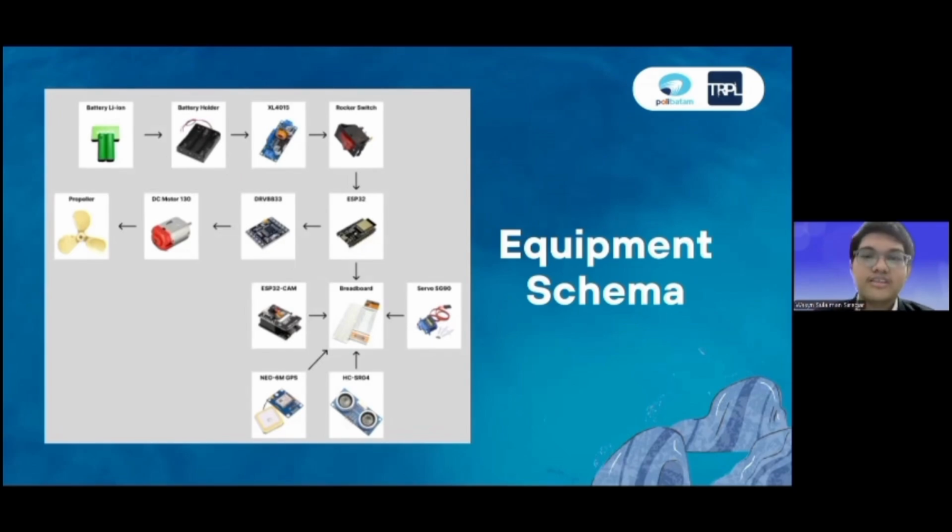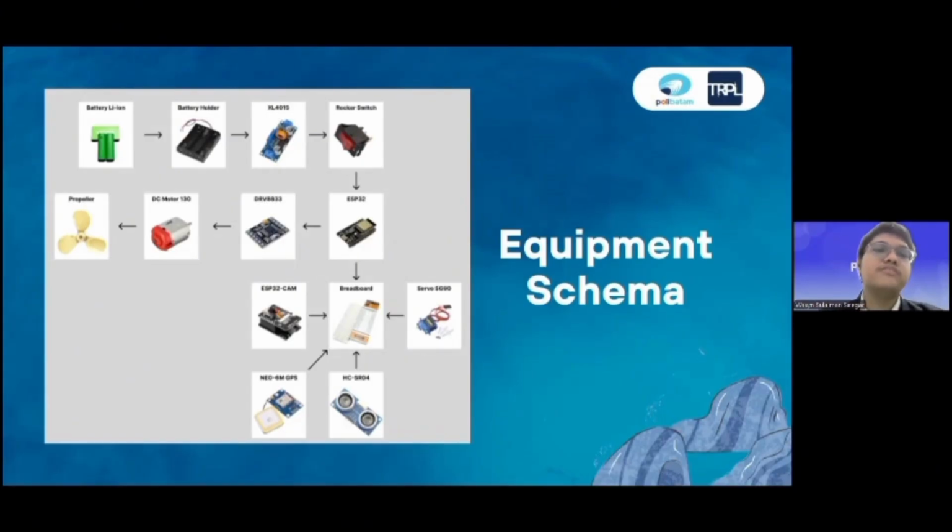In this slide, we have the architecture schema of our project, PLECO. We have 13 components. First, we have the lithium-ion batteries, which are 3.7 volts each, and we have two, attached to the battery holder. That is 3.7 times 2, equal to 7.4 volts.